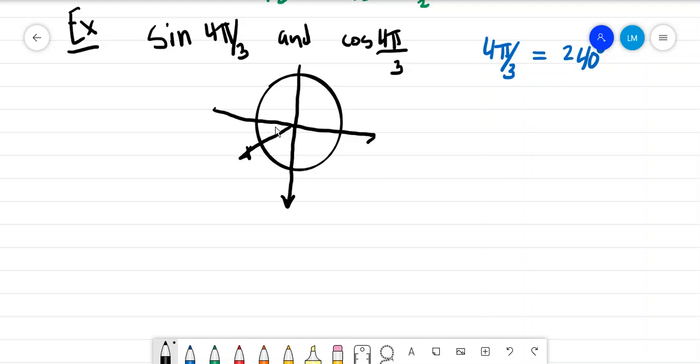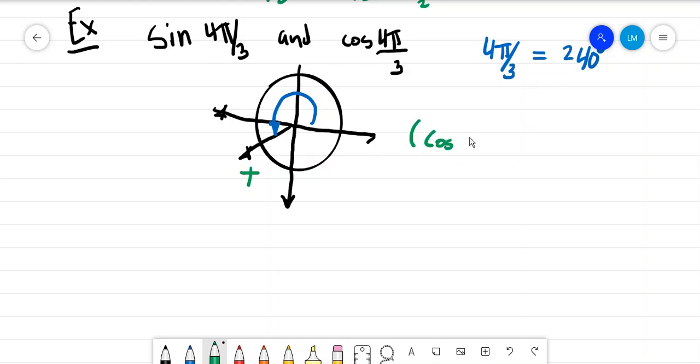That would be roughly where 240 happens to be. So we can probably just do something like this. Okay, now in this case, I noticed that it terminates in the third quadrant, where the only one that's positive is tangent.